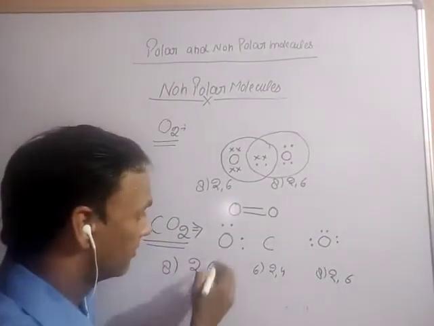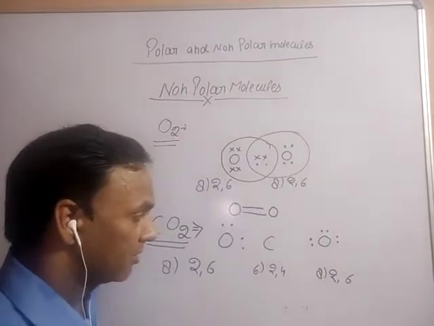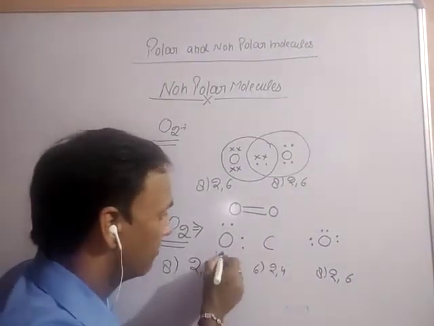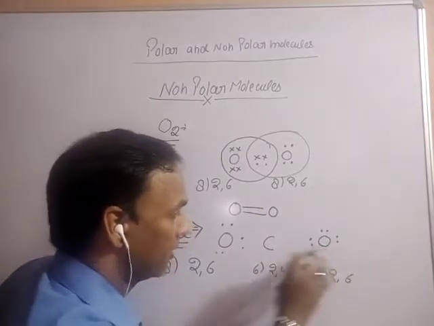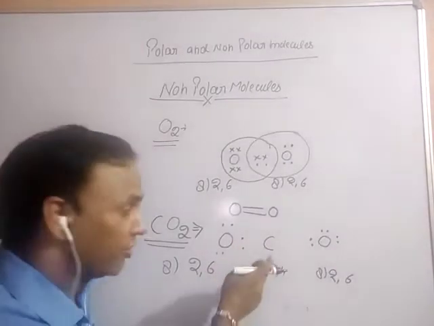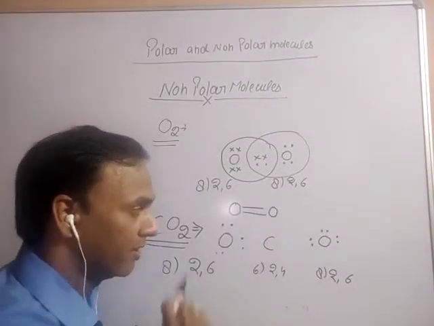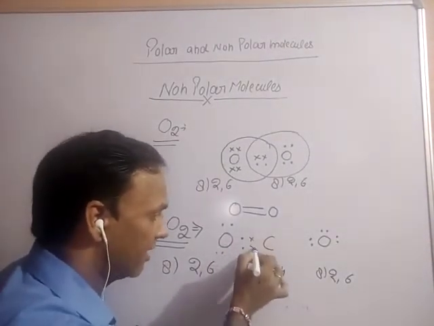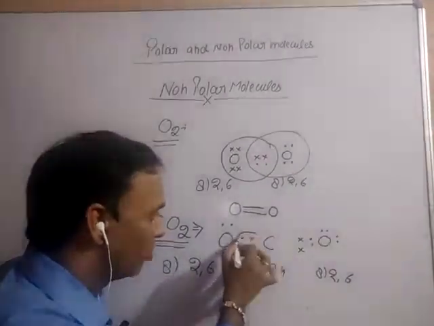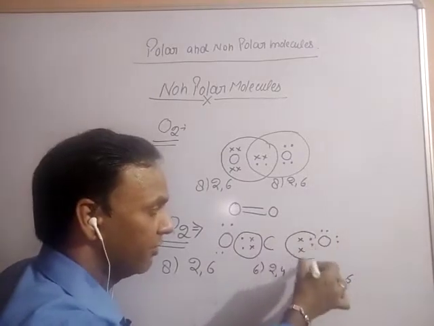Clear? That means carbon has 4 electrons. 2 are shared by this oxygen and 2 are shared by this oxygen, like this and like this. This is the sharing of electron pairs.